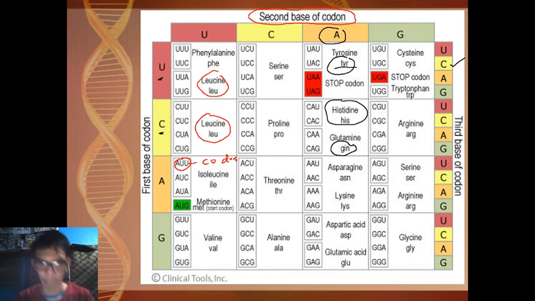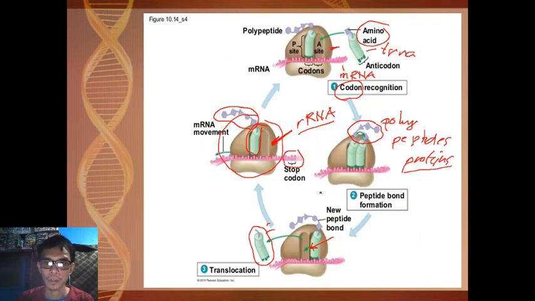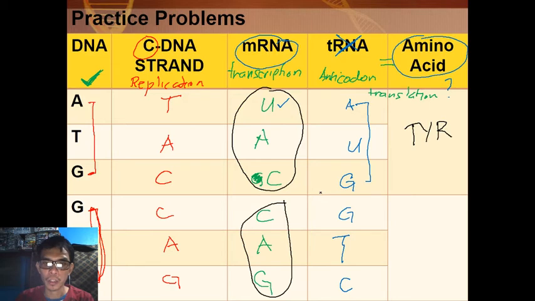Alright, so we have glutamine, or GLN. So let's write this one down. So the amino acid equivalent of CAG is GLN, or glutamine. There you go. So that's right. So that's the first exercise.